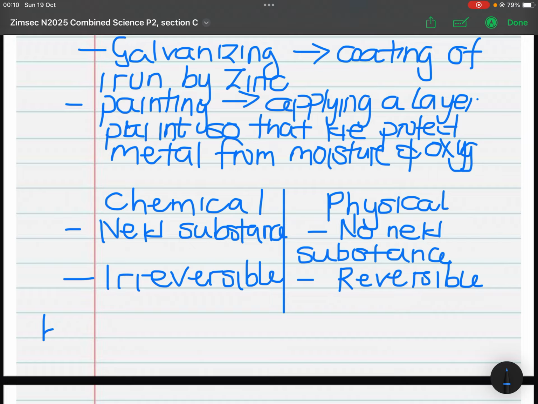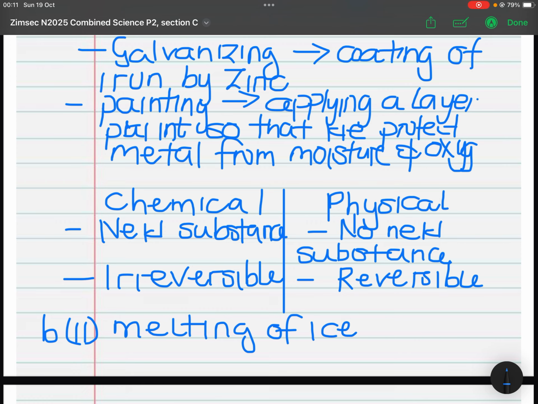And then we are required to give an example of a physical change. Examples of a physical change: we can talk about the melting of ice. This is an example of a physical change. We can also talk about the boiling of water.